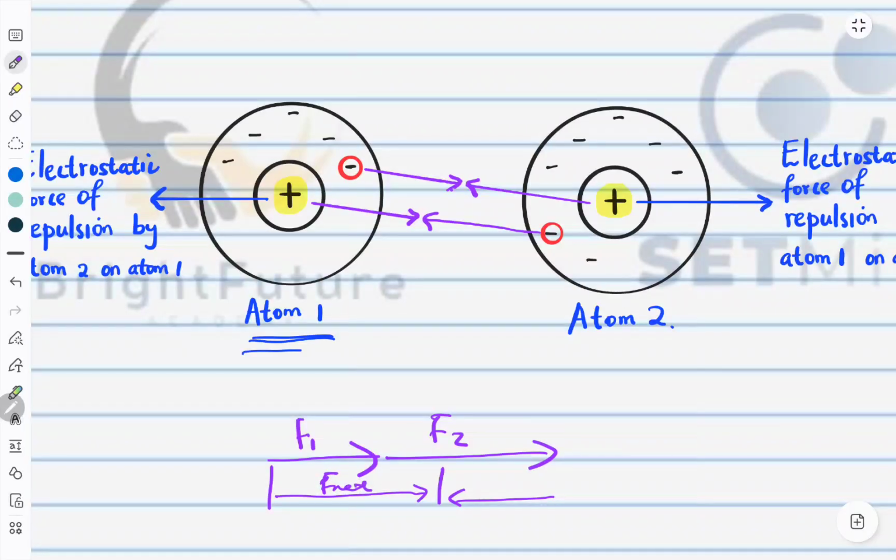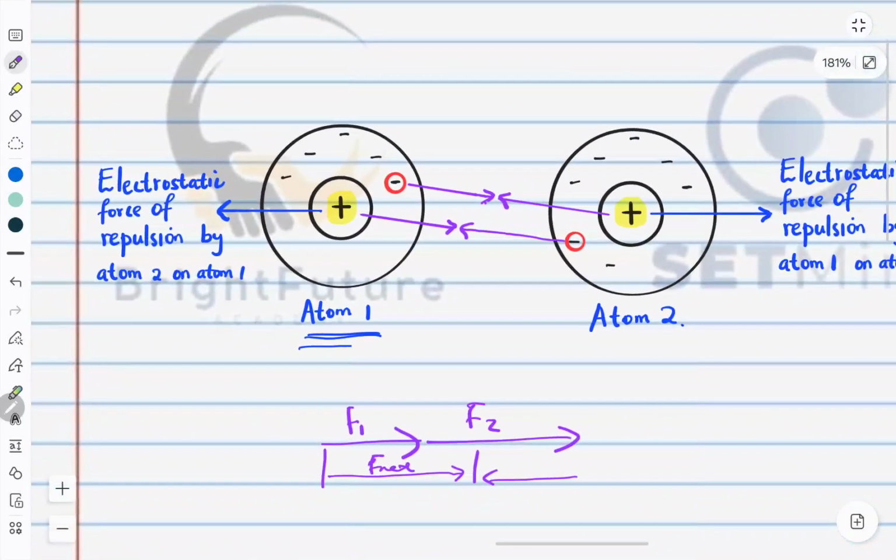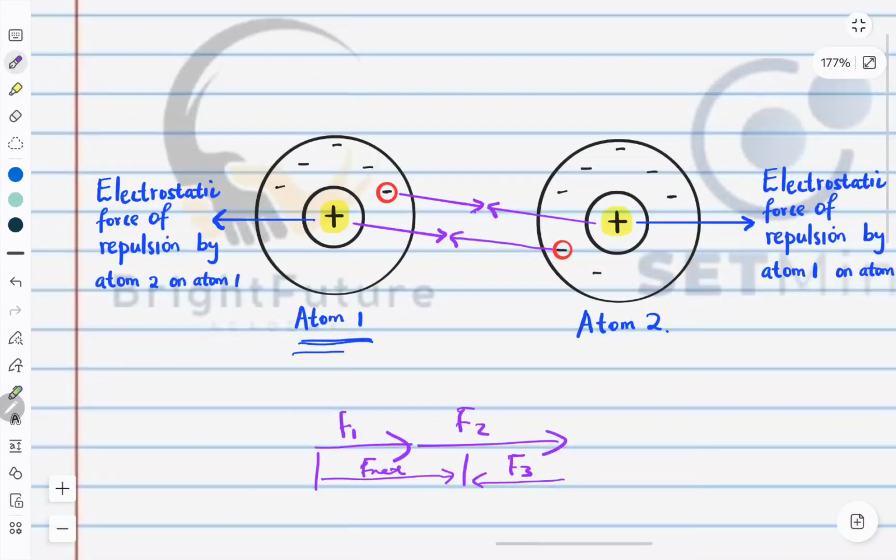It's the same thing here with these two atoms. There will be a resultant force. Remember, when we're talking about attraction and repulsion, the resultant force can either be an attractive force or a repulsive force.